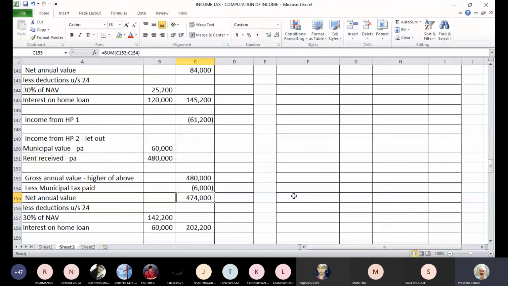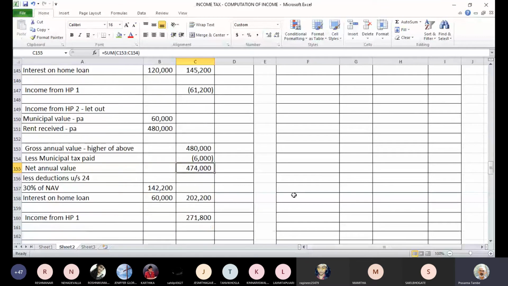This being the rented property, we can claim deductions under section 24. One among them is 30% of NAV. So 30% of NAV comes to 1,42,200. 30% of 4,74,000 is 1,42,200. And then the next is interest on home loan. For this property, the home loan interest is given at 60,000 rupees.